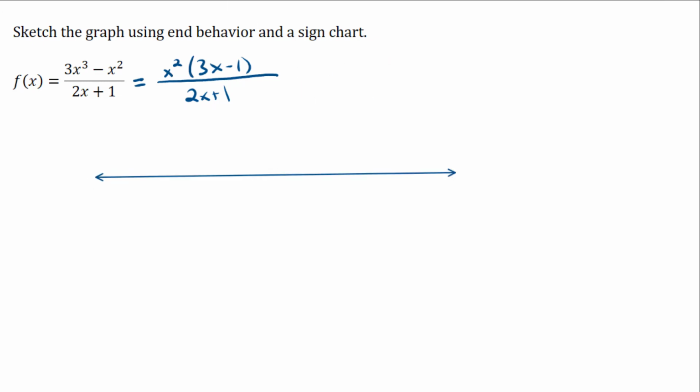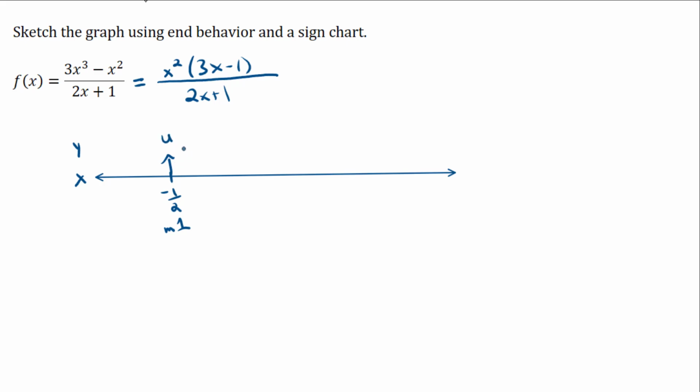So we can go ahead and mark the zeros and critical values. We've got 0, 1/3, and negative 1/2. Negative 1/2 comes first. It has a multiplicity of 1, and since it makes the denominator 0, the function is undefined.